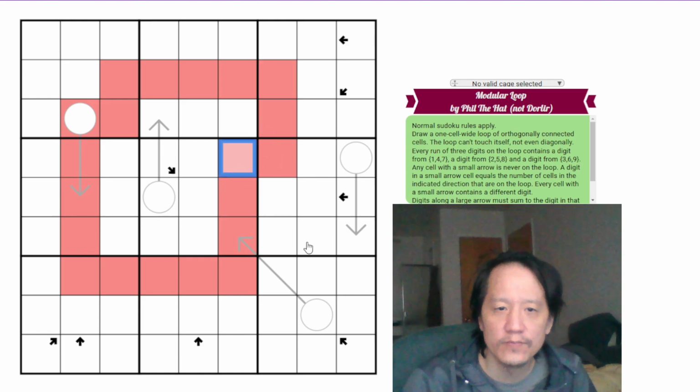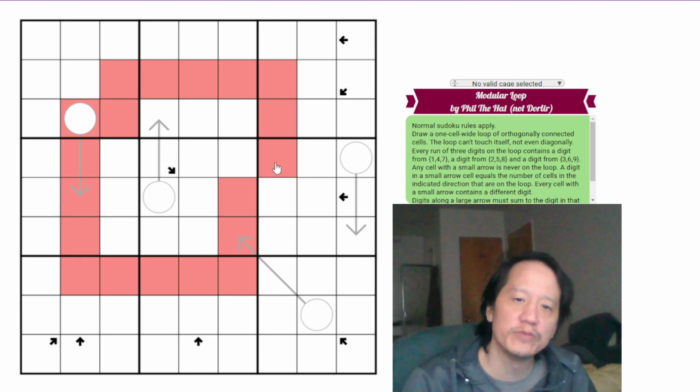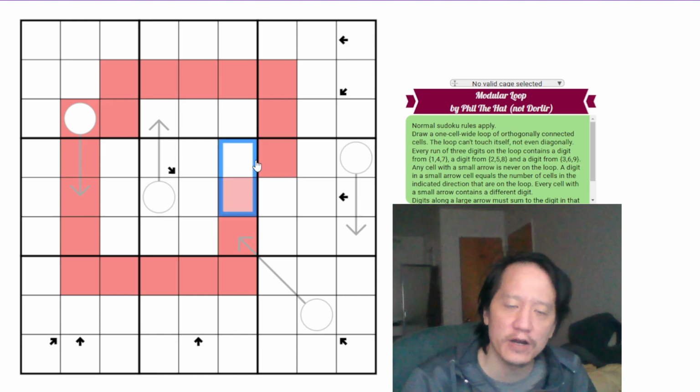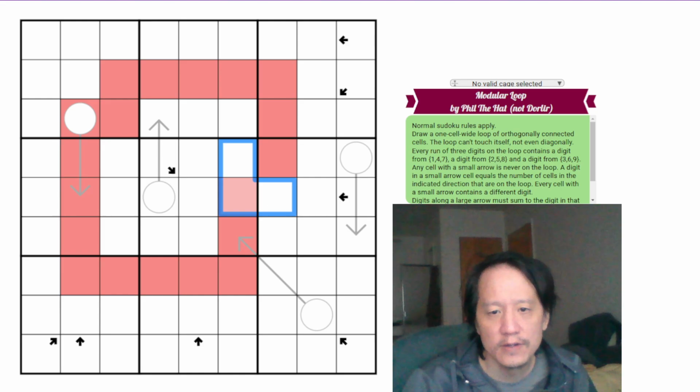Let me try to make one. This would not be valid because, while it touches diagonally, the loop itself must be orthogonally connected, and it's a loop again.